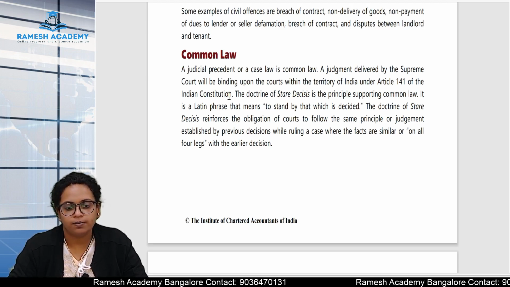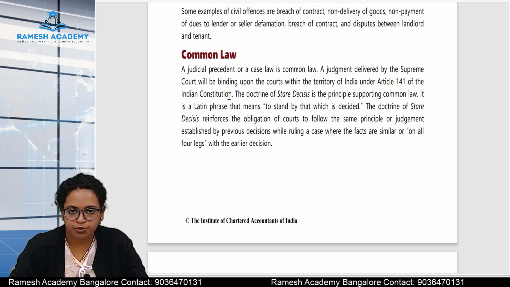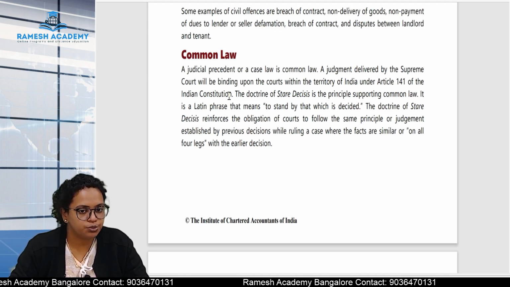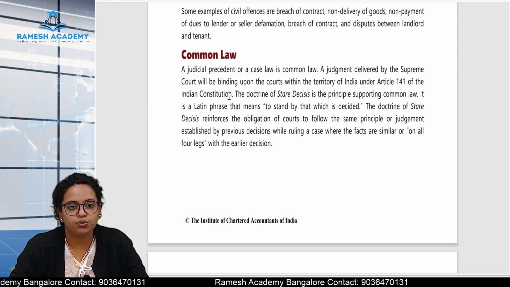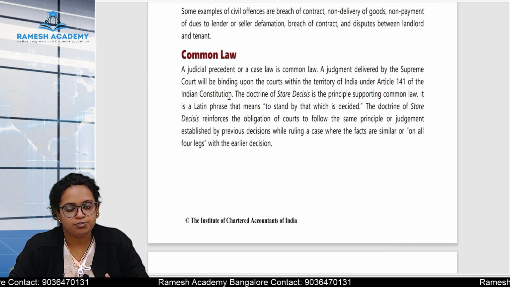There is no other court above the Supreme Court. Above the High Court there is a Supreme Court, but above the Supreme Court there is no other court, so you cannot go to any court other than the Supreme Court. So the decisions taken by the Supreme Court will be the final one.